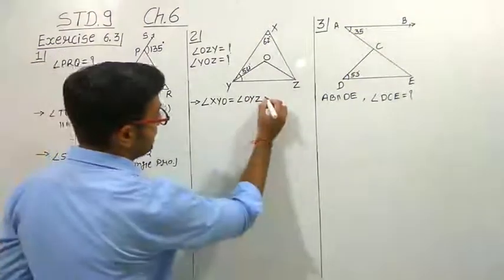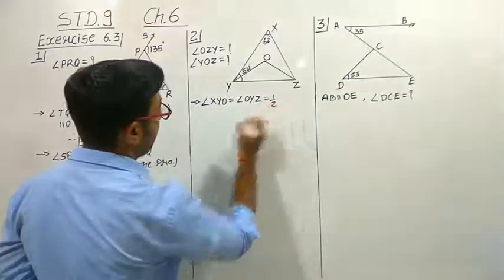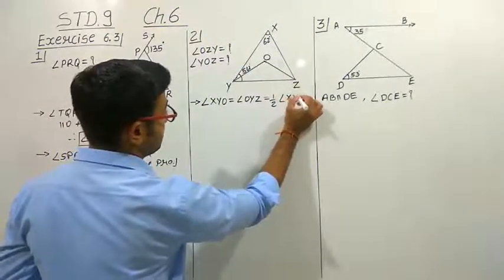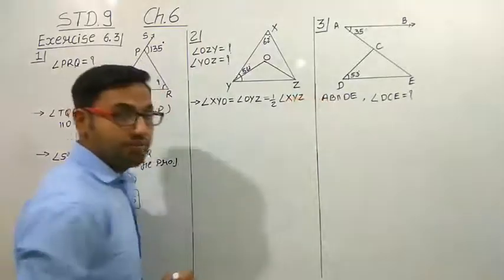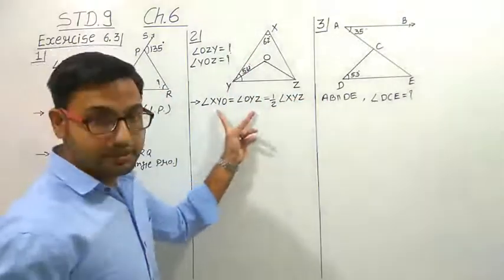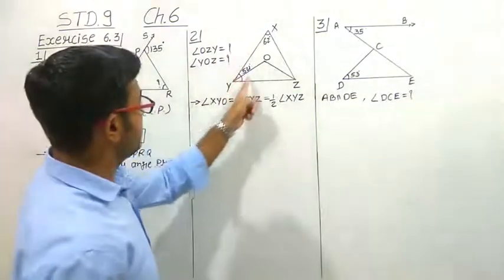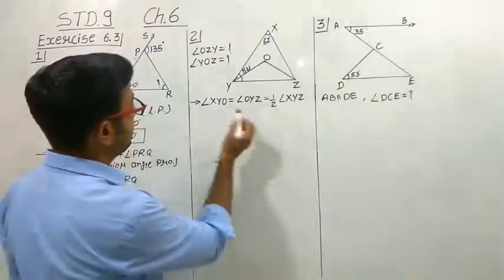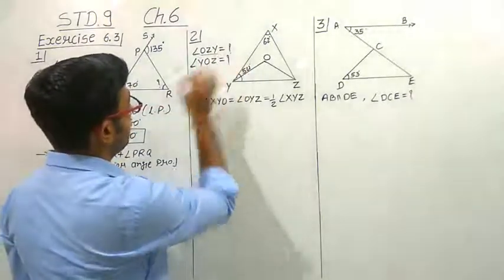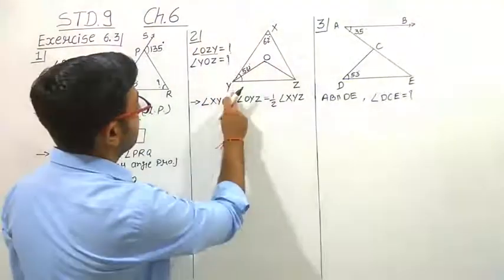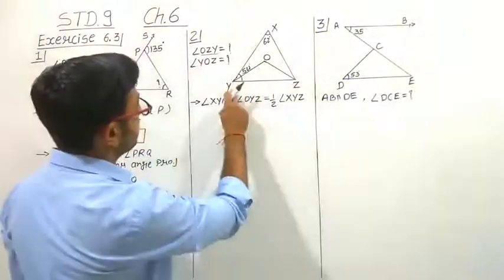We can write that each is half of angle XYZ, because the total angle XYZ is divided into two equal parts. The total angle here is given as 54 degrees. Here we have to find angle OZY.